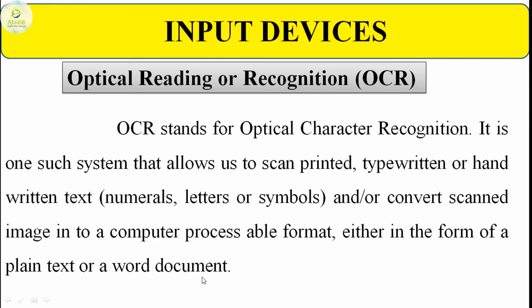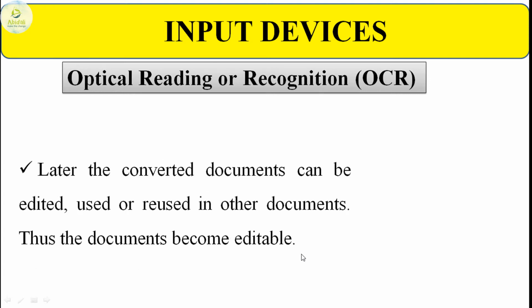So instead, I can take an input device called OCR and scan the entire book, or an entire novel, or whatever content I want to scan. That can be converted into plain text. Later on, these converted documents can be edited, used or reused in another document also. Thus, this document becomes editable.